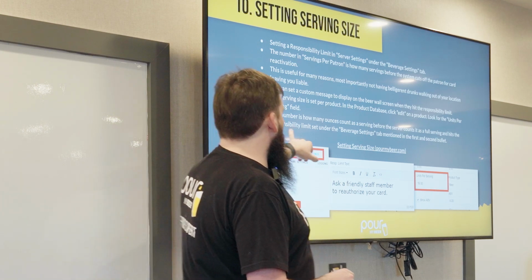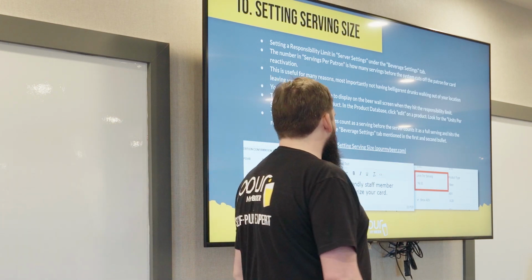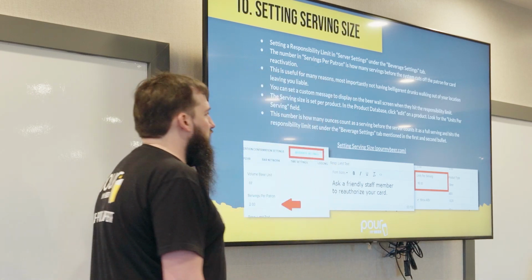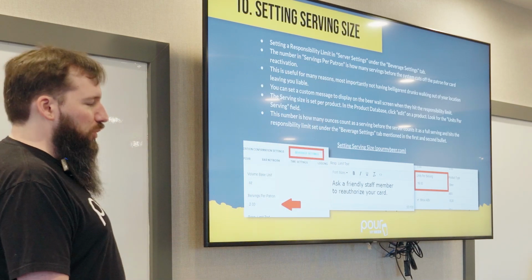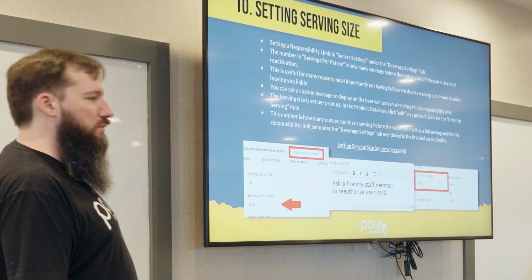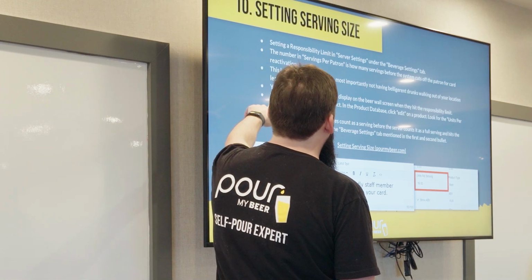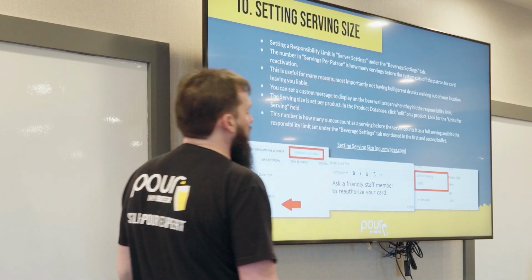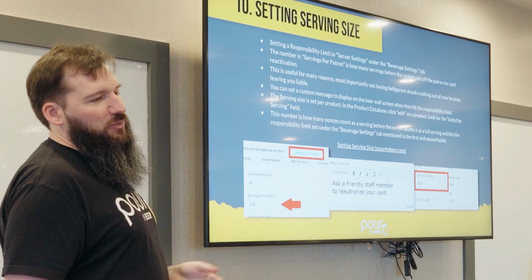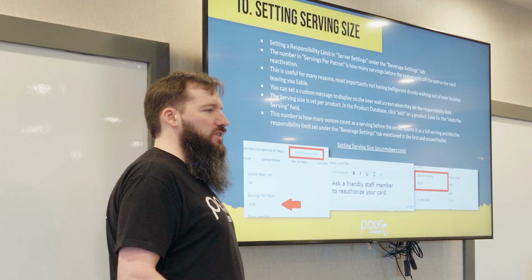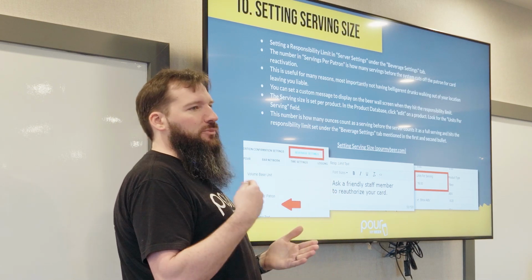And again, this is the responsibility limit. You're going to want to keep that. Just keep track of your people. We've never had a problem with it, but I don't want to start having problems. You can also set the message. By default, the responsibility message is pretty abrupt. It just says, "Hey, you've hit your responsibility limit. You need to talk to someone."